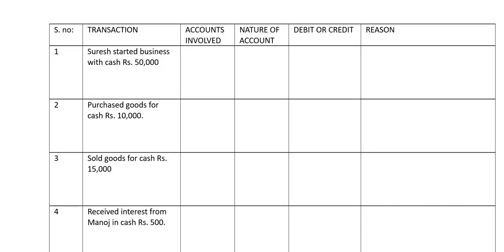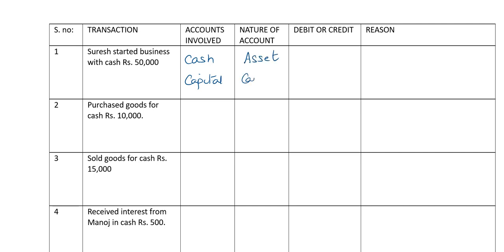Next sum, let's apply the modern approach to a few sample transactions and decide which account to debit and which account to credit. Suresh started business with cash rupees 50,000. The accounts involved are cash account and capital account. Cash account is asset account.